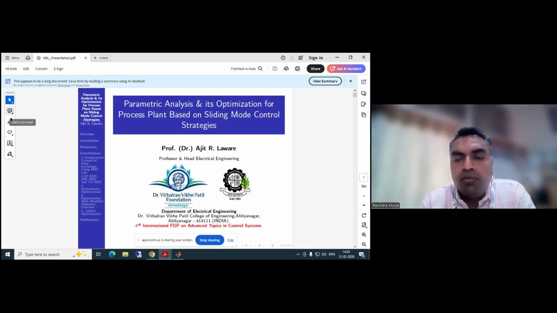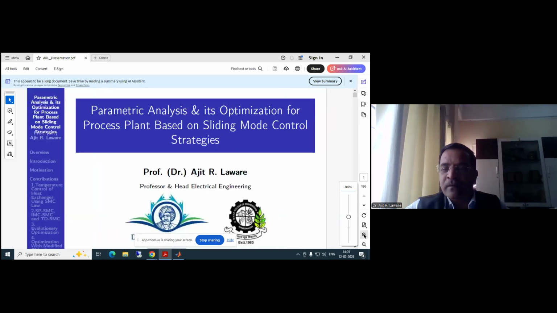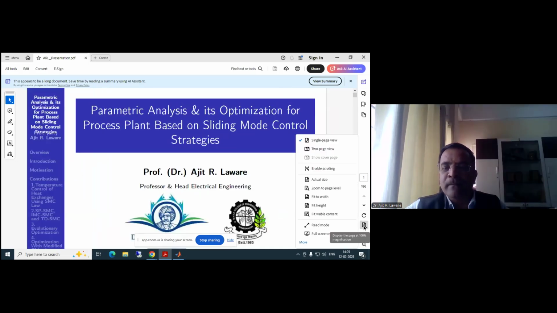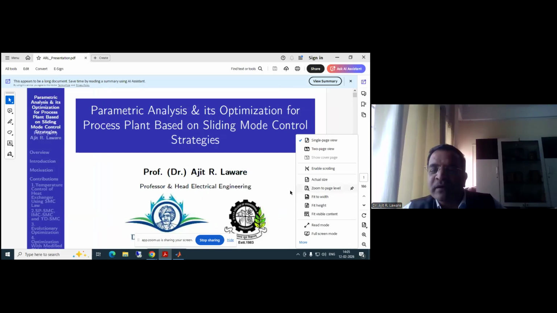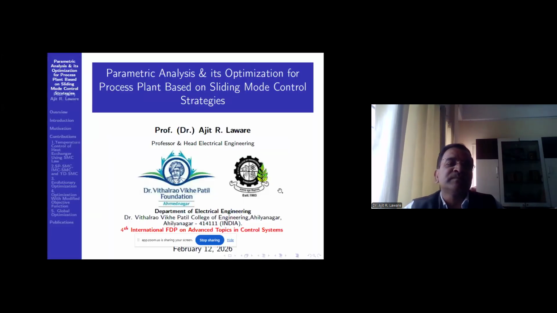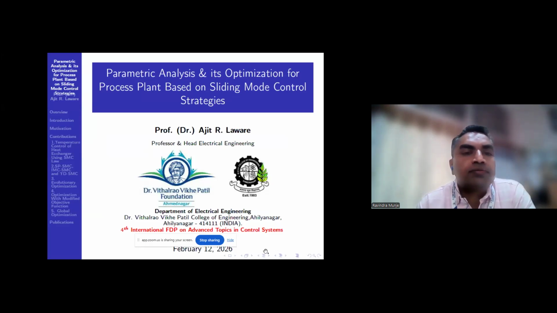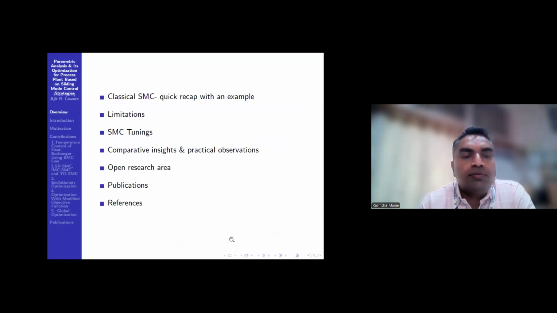There is an option at the bottom, near zoom in and zoom out. Here you can see full screen mode at the bottom. Yes, perfect.